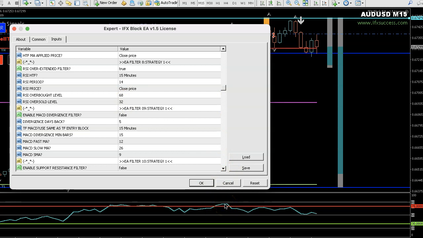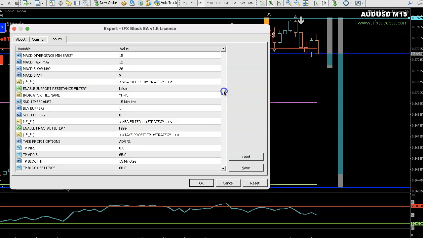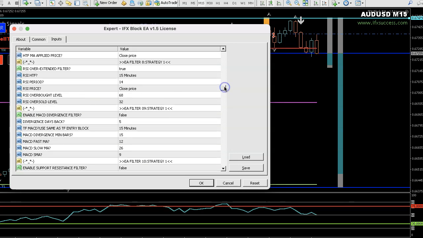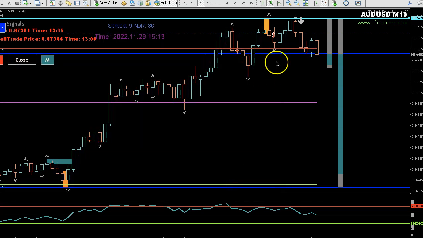You can choose 70, or I was being a little bit conservative, because sometimes it reaches so close up there, and then we might get a block. It might be good, so I don't want to miss it. Then if it reaches here, it's overextended, then look for an entry. Then right over here, that's pretty much it. Very, very simple. We might get a lot of entries like this, but it's very simple.